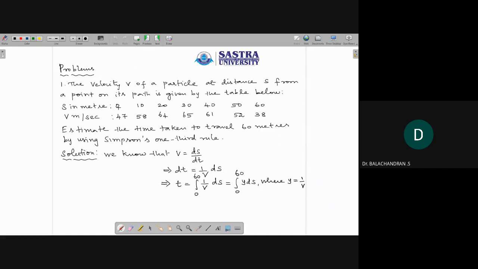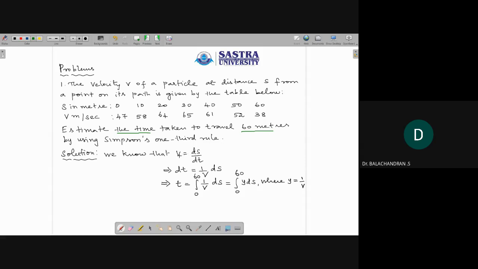So s in meters: 0, 10, 20, 30, 40, 50, 60. Here h is 10. Velocity v is given. Okay, so estimate the time taken to travel 60 meters. Again, I'll repeat. Estimate the time taken to travel 60 meters by using Simpson's one-third rule.